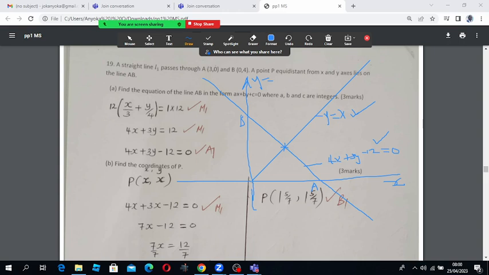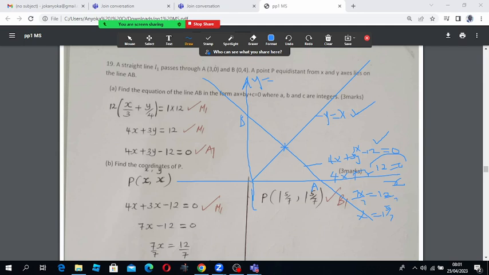So where you see y, you can replace comfortably with x, and this now becomes 3x. Now we get 4x plus 3x minus 12 equals 0. 7x equals 12. We have taken 12 to the other side, it becomes positive. So x equals 1 and 5 over 7, after dividing by 7.